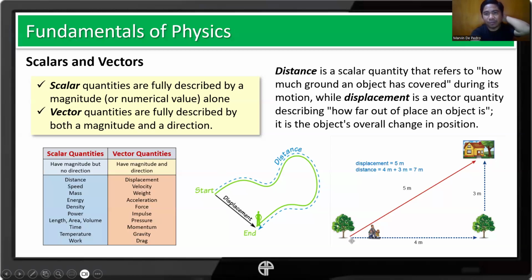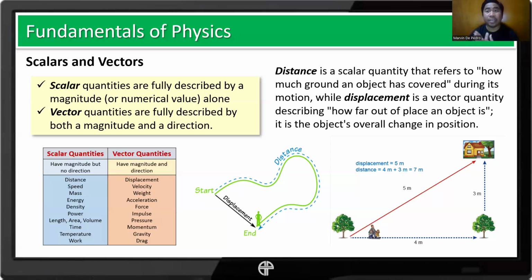You can simply go straight from one point to another. Same thing here for the curvy path. The plane does not need to follow this path. The plane can simply go from the starting point directly to the end point. So imagine displacement as a moving plane. Imagine what path the plane would take if it has to travel from point A to point B.